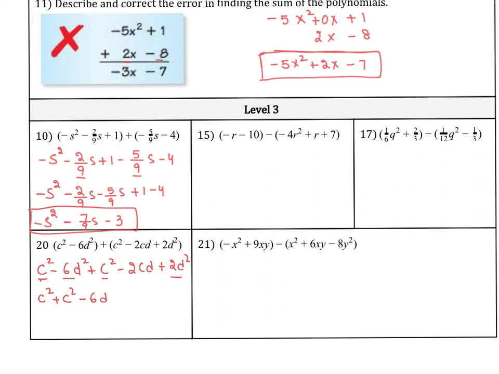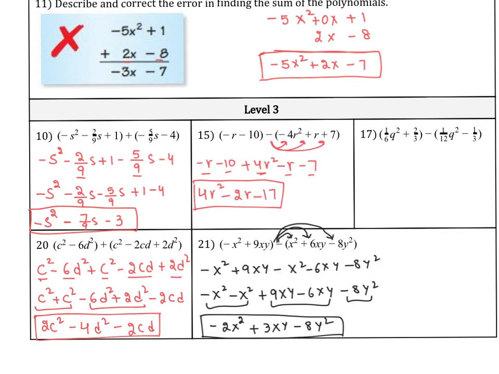So negative 6d squared plus 2d squared. And then this term is by itself because we cannot combine it with any other. You get 2c squared here. This one is negative 4d squared minus 2cd. So that's going to be your answer.